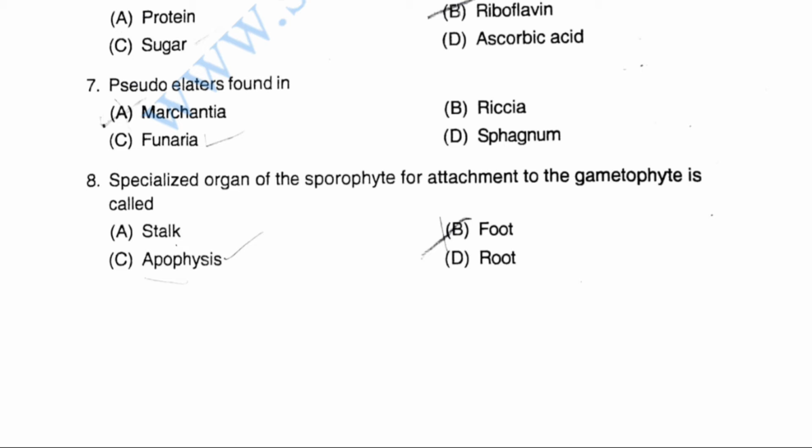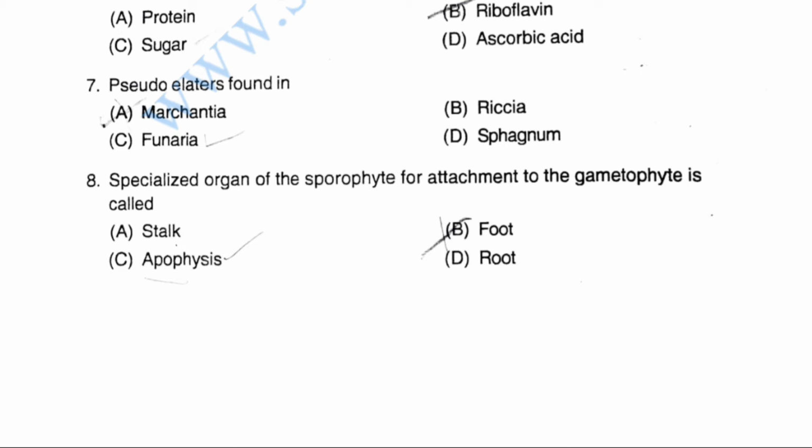Clear? We know very well that if this is the main plant body and this is sporogonium, this connection point is called the foot, and this stalk-like structure is called seta, and this is called the capsule. Clear? Here, this is the sporophyte.